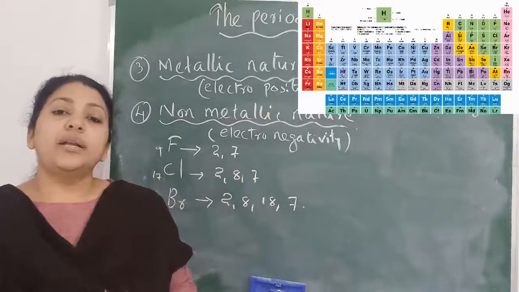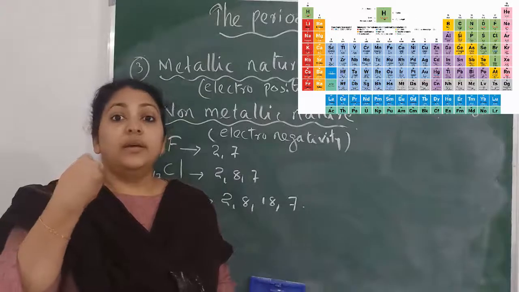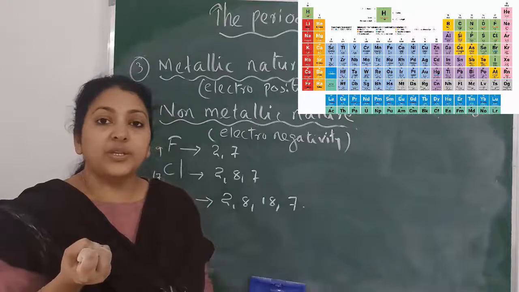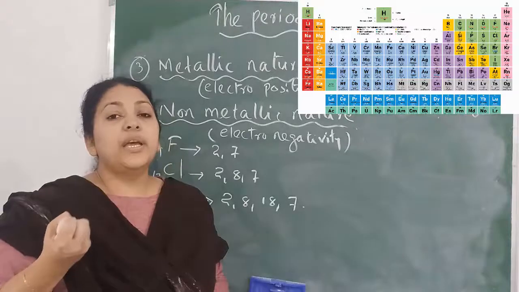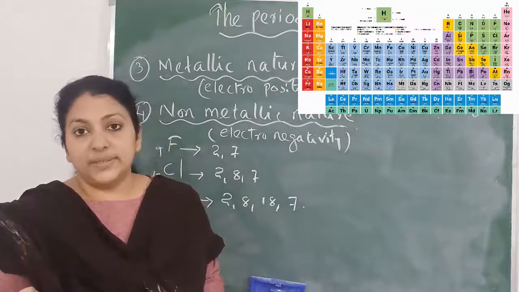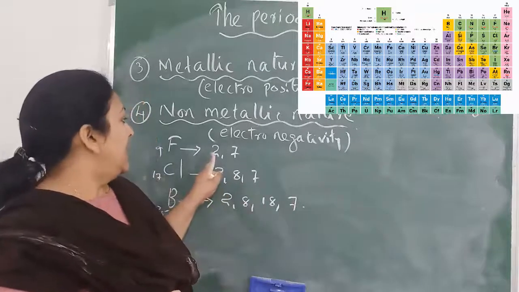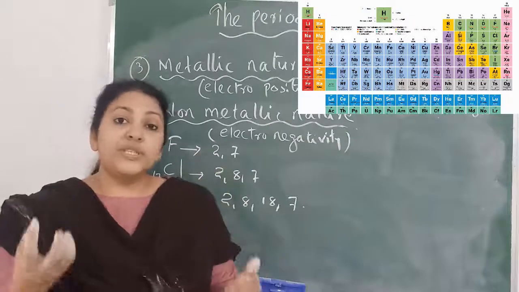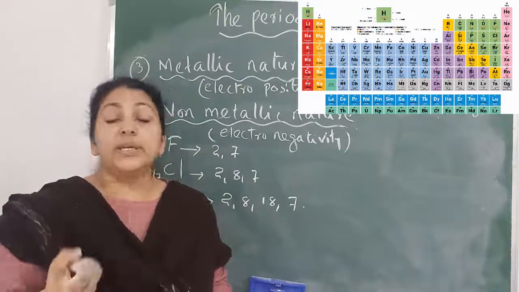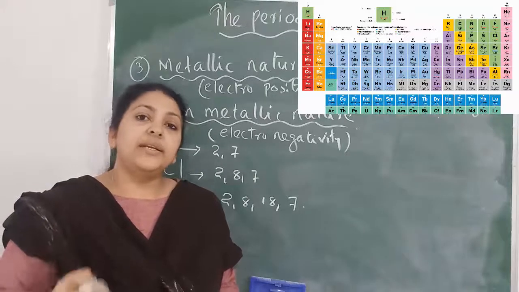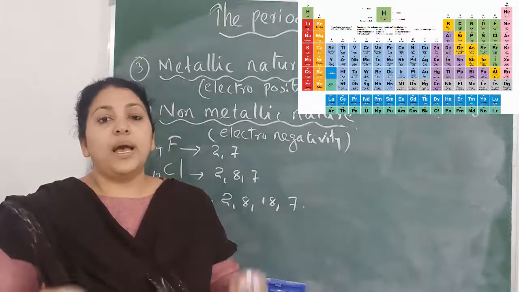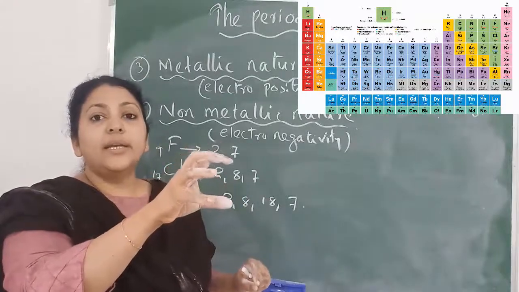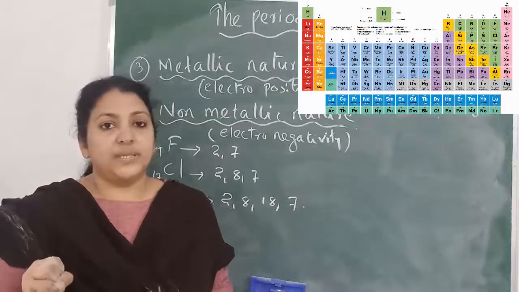Okay, smaller atoms have a stronger force of attraction to attract the incoming electron, because the nucleus is closer to the last shell. So which force of attraction is attracting the incoming electron? Definitely it is the protons in the nucleus. So as the size of the atom gets smaller, it can attract the incoming electron very strongly towards it.